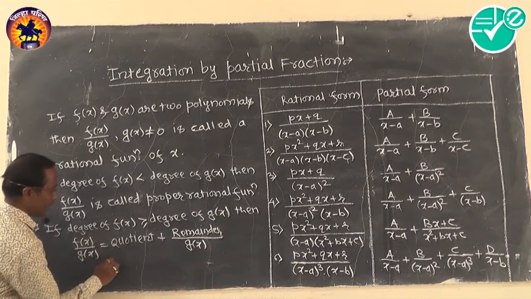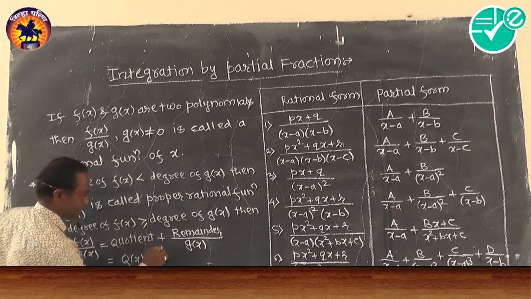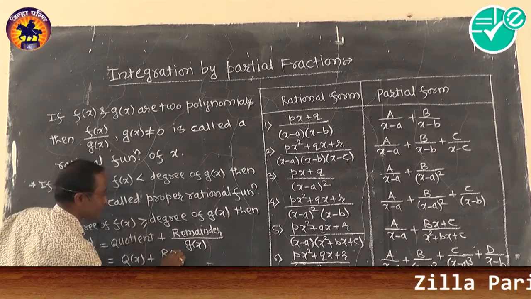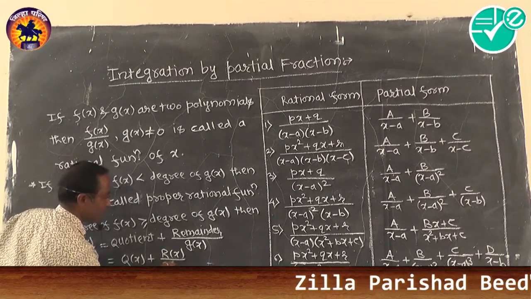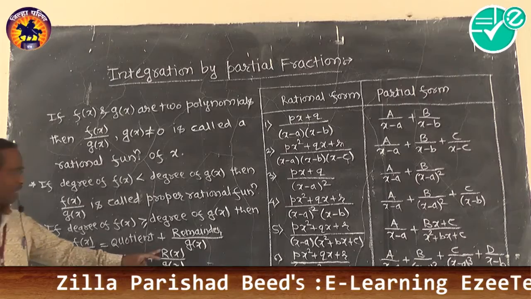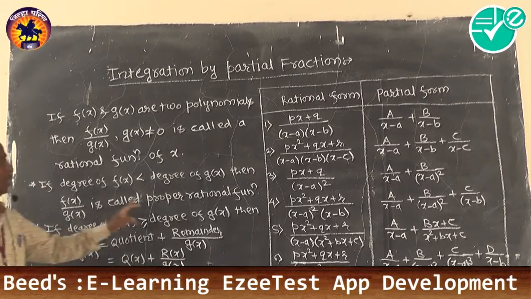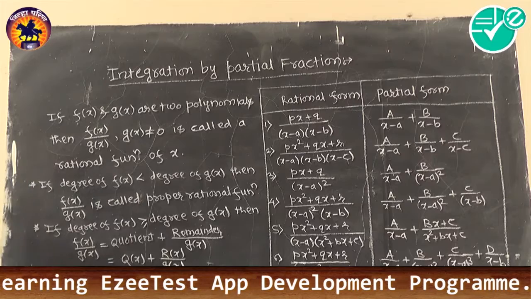It is also written as q of x plus r of x divided by g of x. Then r of x divided by g of x is called a proper rational function.